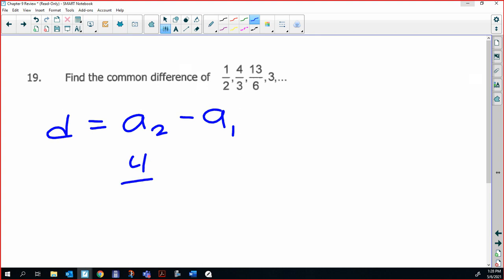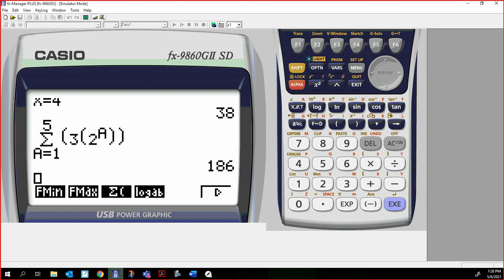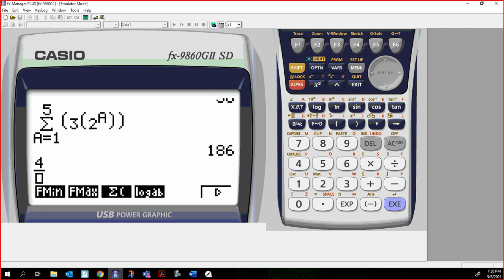So that's 4/3 minus 1/2. If you're doing this by hand, you need common denominator. If you're using a calculator, then you just use your calculator. 4/3 minus 1/2.